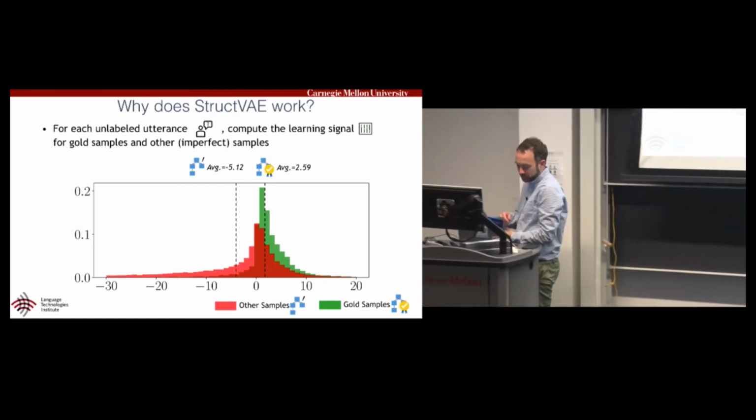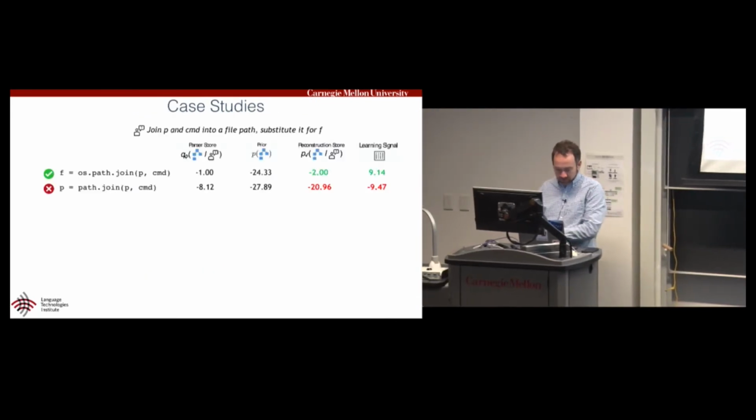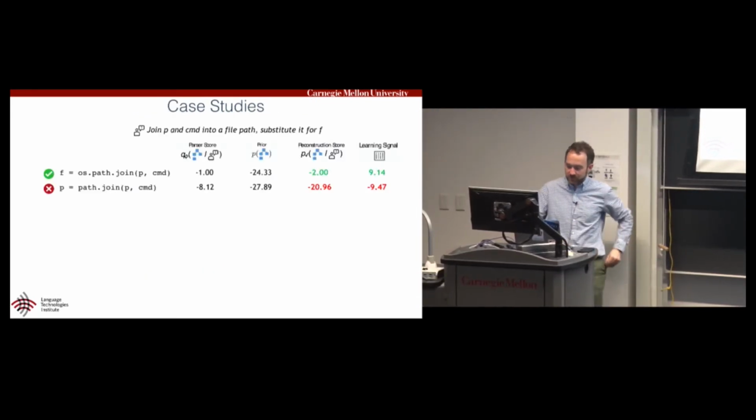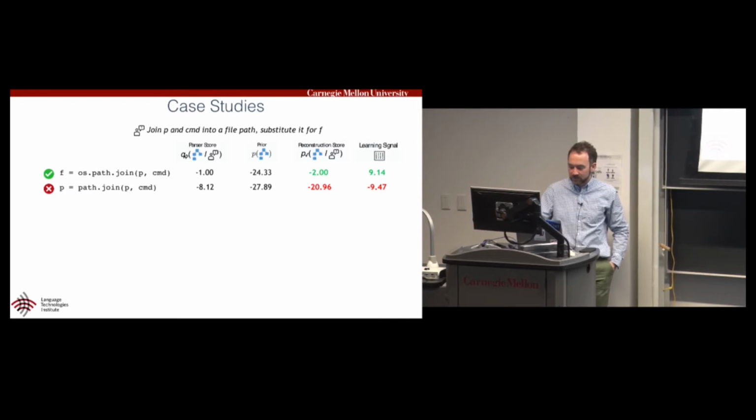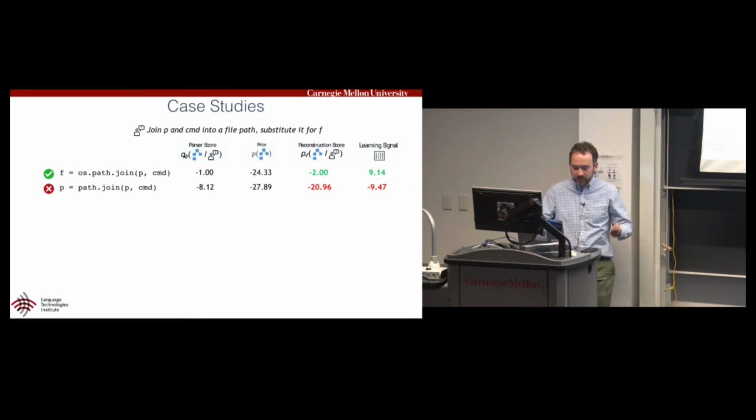So, to give some concrete examples of this, we have: join P and command into a file path, substitute it for F. In this case, we have P, F equals os.path.join, and P equals path.join, P command. And we can see that in this case, the prior is reasonable for both of these, but the reconstruction score is much better for the case where we get the actual command correct, probably because it allows us to generate F accurately.